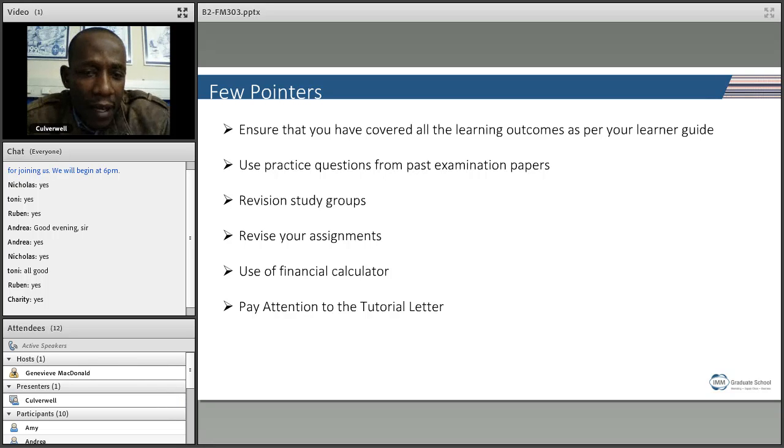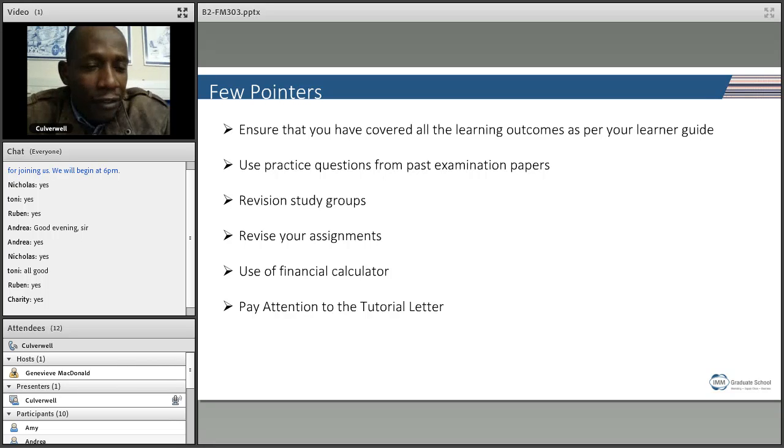And then pay attention to the tutorial letter. The main thing here is cover all the learning outcomes just to be safe. And then maybe when you're only left with a week to write, then pay attention to the tutorial letter. That will be more helpful than starting with the tutorial letter from the onset.